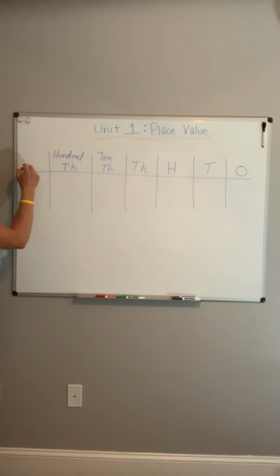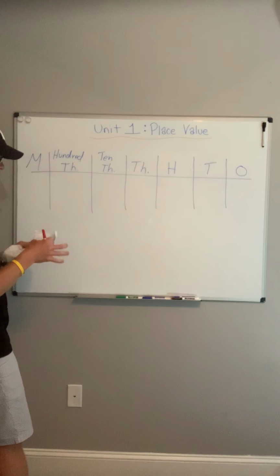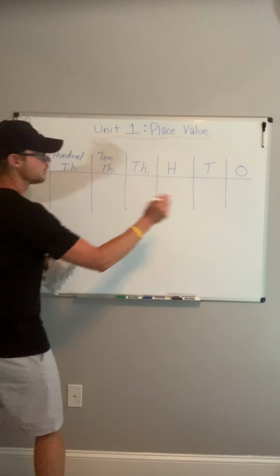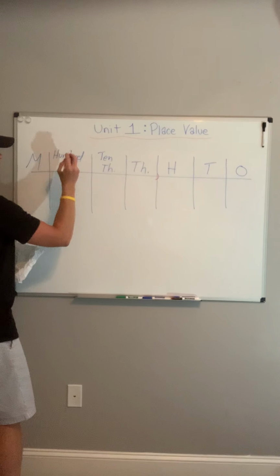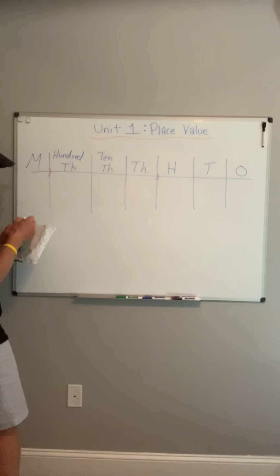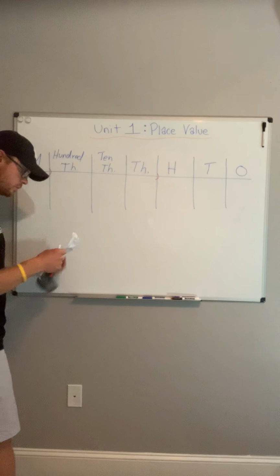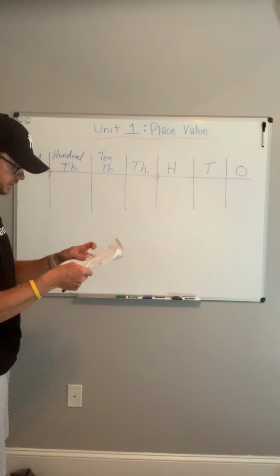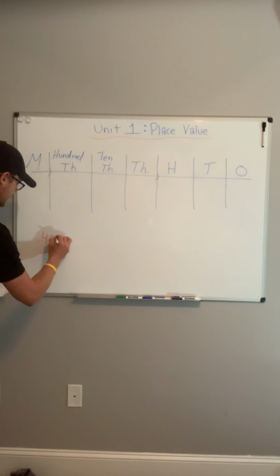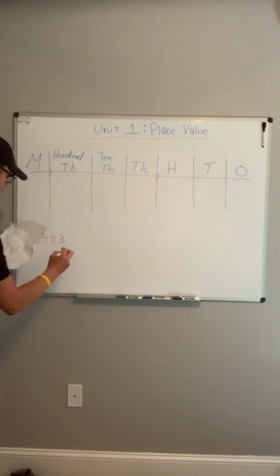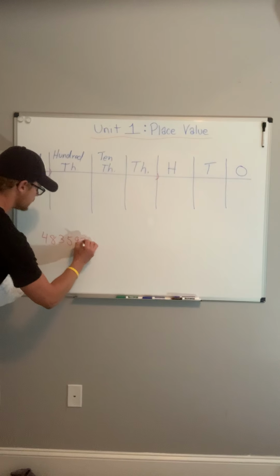Okay. So, remember how to group our commas, right? We group our commas: ones, tens, hundreds, comma, thousands, 10,000s, 100,000s, comma, millions, and so on. Okay, so the first number we're going to represent is 483,592.